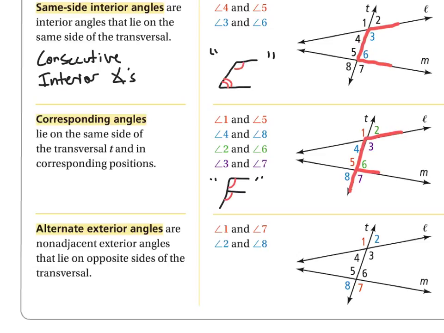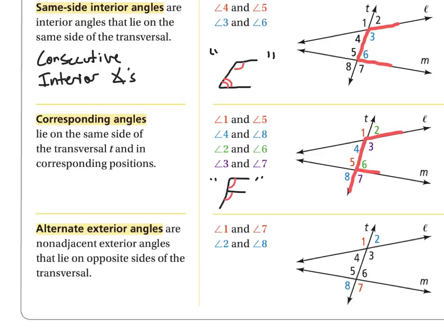Okay? And like with all these, that F can be flipped, can be turned upside down to form the angle pairs, right? So, when you run into a situation where you have two lines cut by a transversal, you're going to end up with 4 different pairs of corresponding angles.